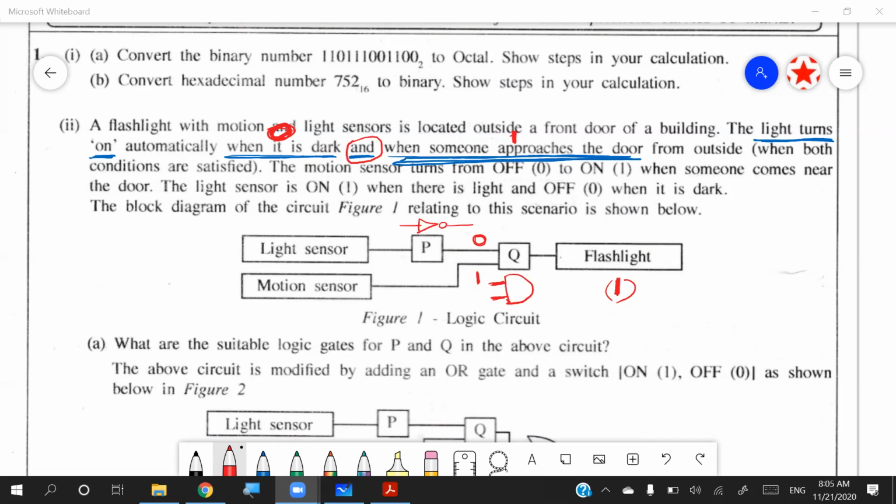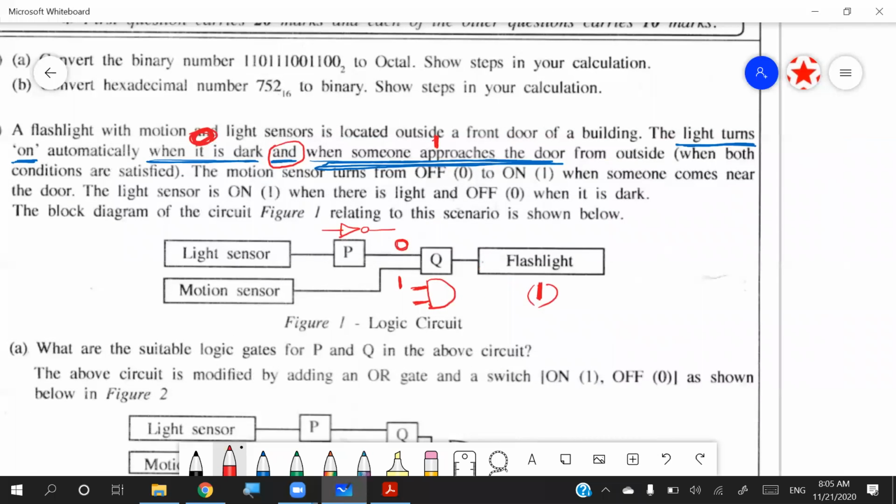Right, so you can argue in that manner, or else you can have the expression, right? The light sensor should be 0 and the motion sensor should be 1. I'm taking the lamp as the bulb, the B, so it should light up.